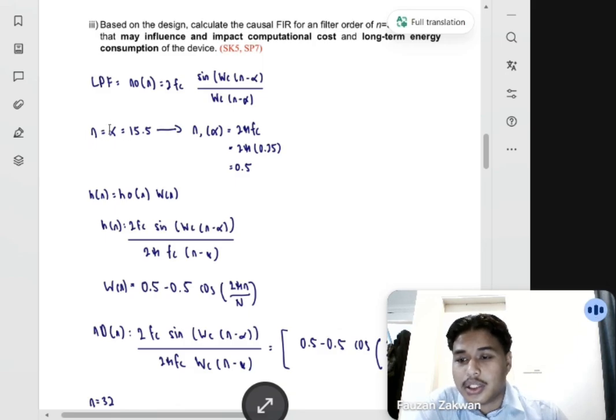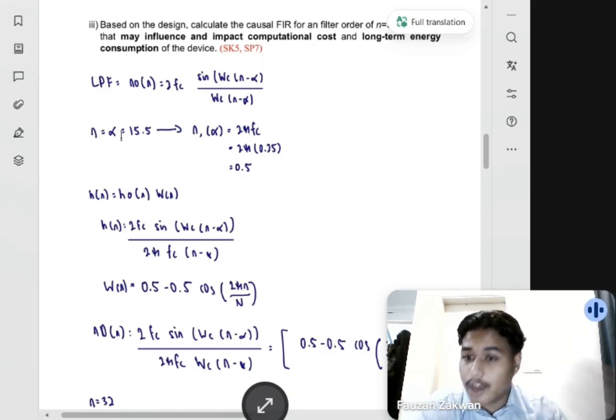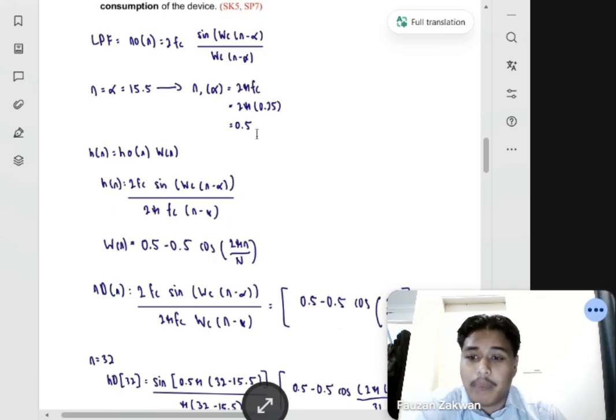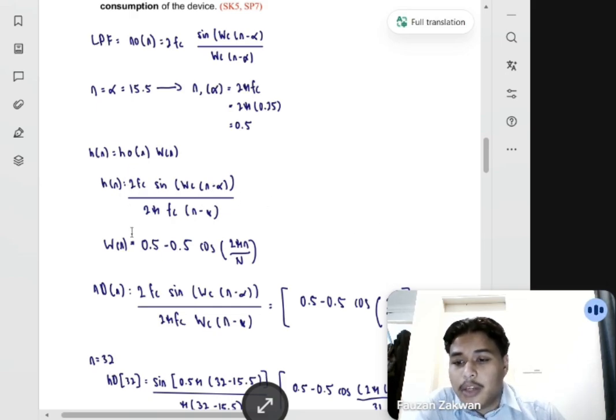So we got N just now, alpha equal to 15.5. So 2 pi Fc, 2 pi times 0.25, we got 0.5 pi. I forgot to put the pi.